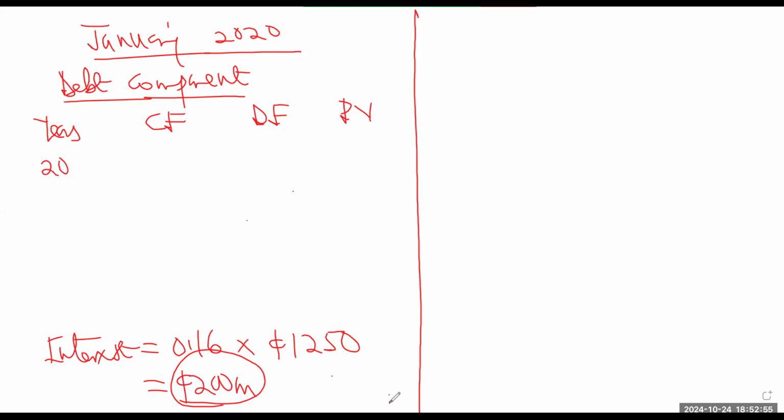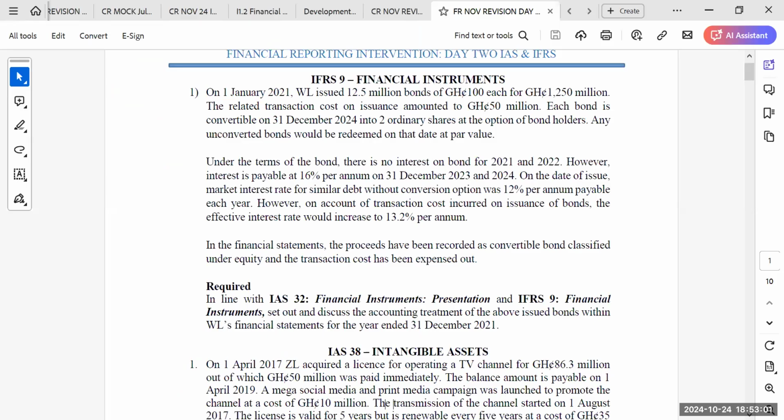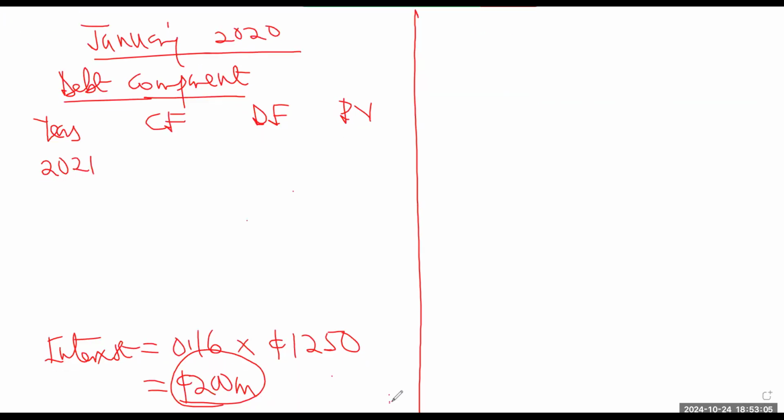We are issuing the instruments in 2021. Okay. So at the end of 2021, there will not be any interest payments, isn't it? Yes, sir. In 2022, there will not be any interest payment. So you come to 2023 over here, we are paying 200. I hope that is correct. Yes, sir.